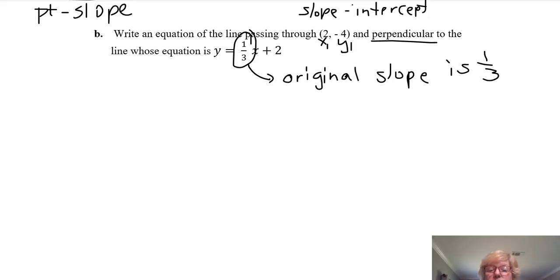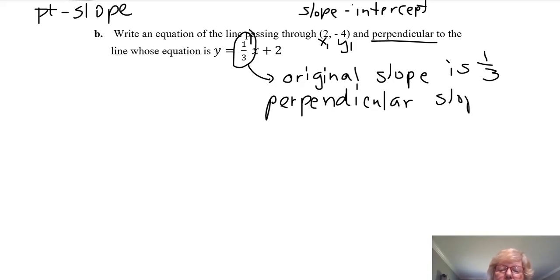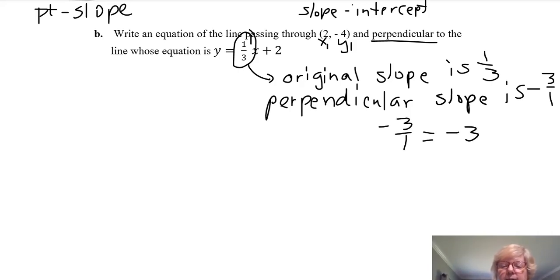What I need to do is change the sign and flip the fraction. So to get a perpendicular slope, I would make that a negative 3/1. Now negative 3/1 is the same thing as negative 3. So I could just use that for my slope.